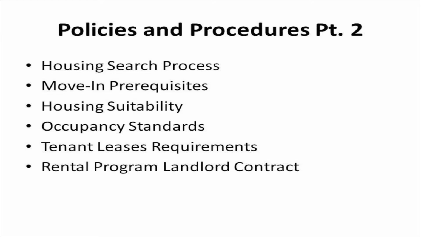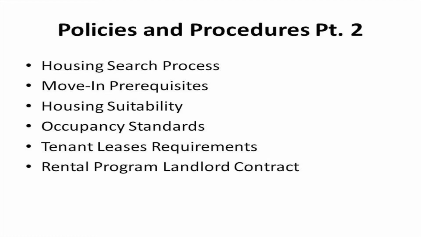When discussing the housing search process, your agency should have policies outlining the correct process to be taken when conducting this kind of search. This should include information on permissible unit size, maximum rent allowed, and the area in which a client may look for housing, if applicable.